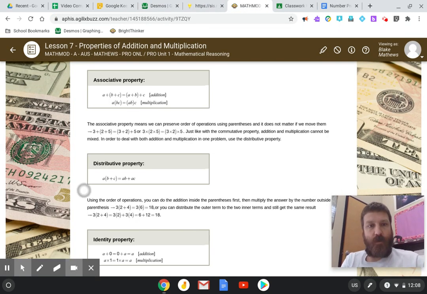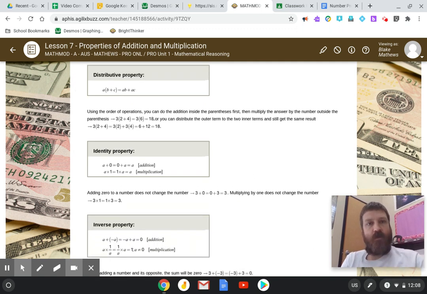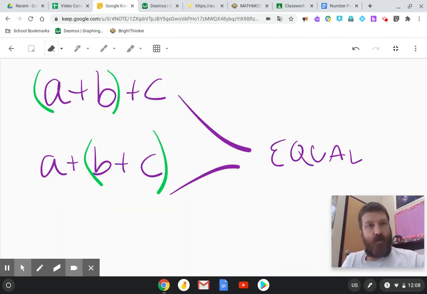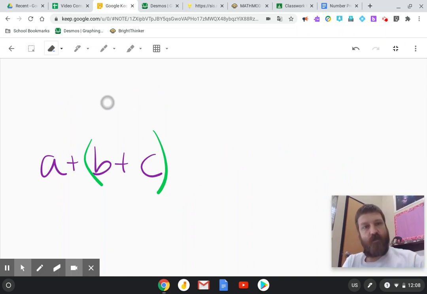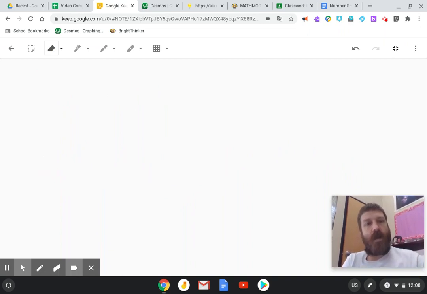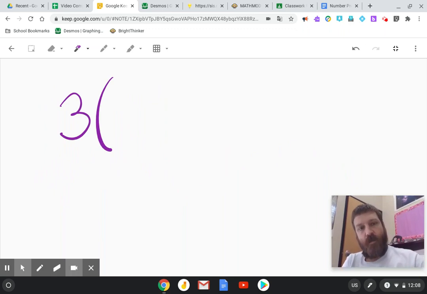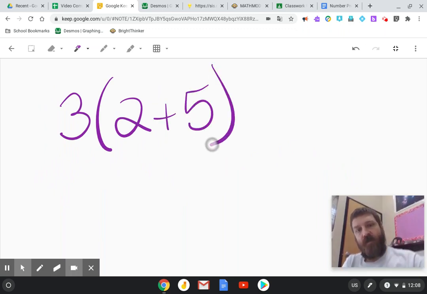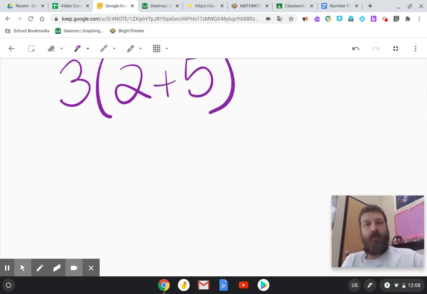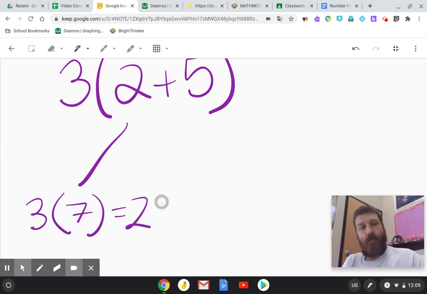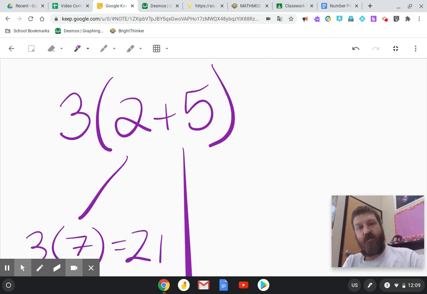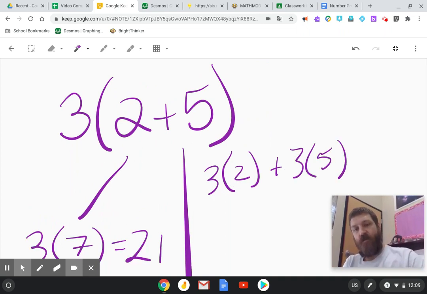All right, let's talk about the distributive property. The distributive property says that when I have numbers that are being multiplied, let's do real numbers this time, by numbers inside parentheses, doing it this way, 2 plus 5 is 7, 3 times 7 is 21, gives me the same answer as doing it this way, 3 times 2 plus 3 times 5, which is what the distributive property is.